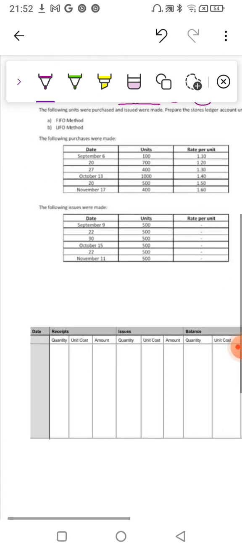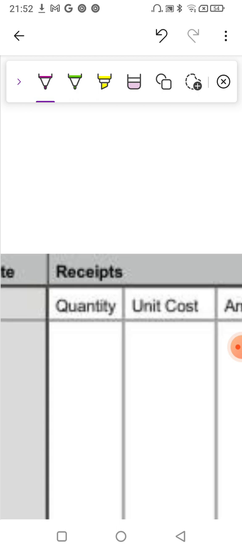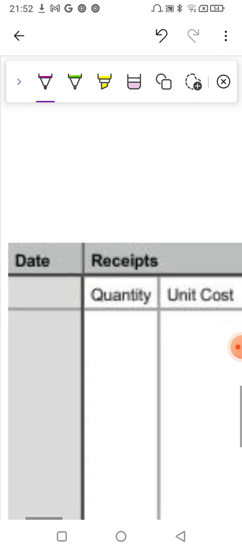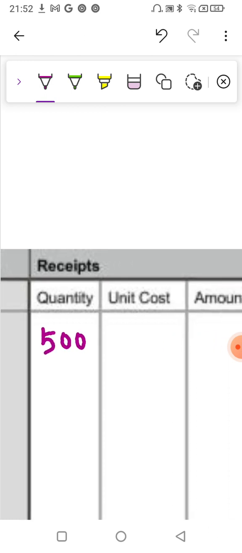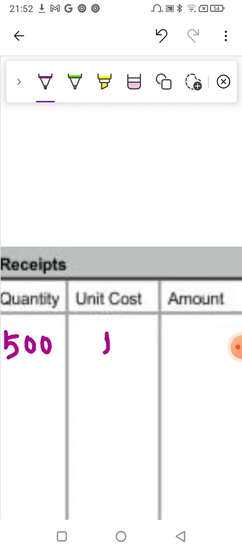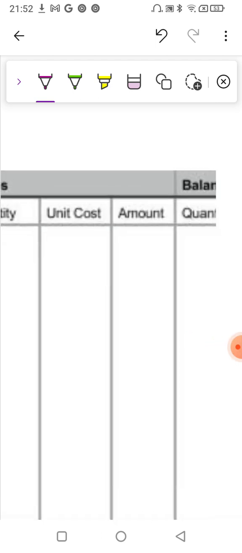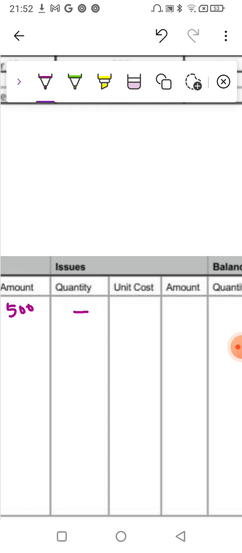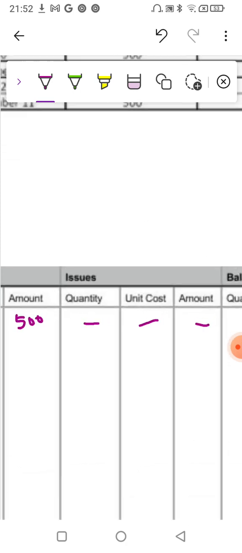So I'm going to write it down. My opening balance was 500 units and the unit cost was 1 rupee, so 500 was my amount. There is no issue, so this is my balance amount.